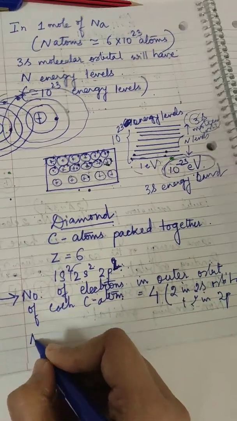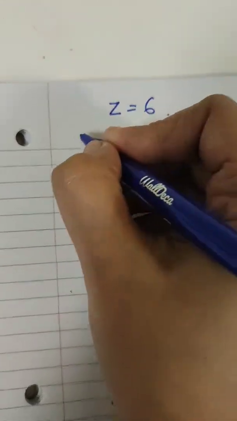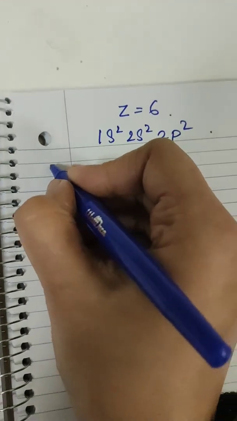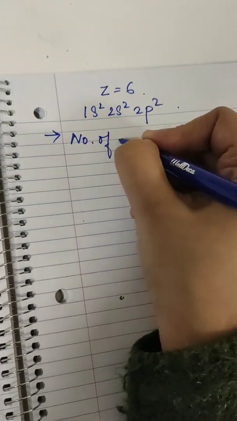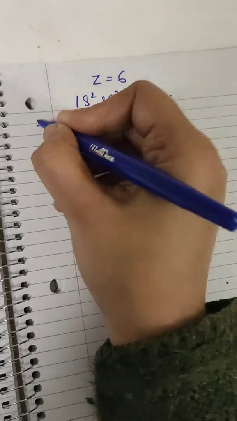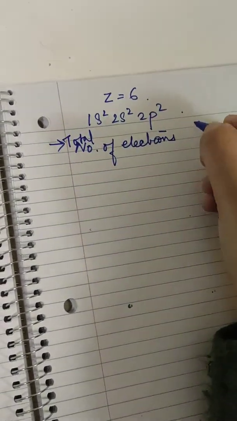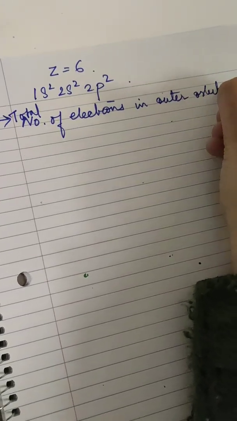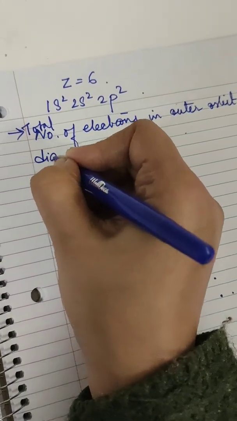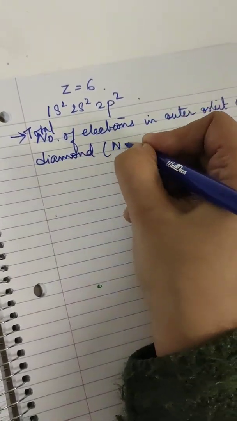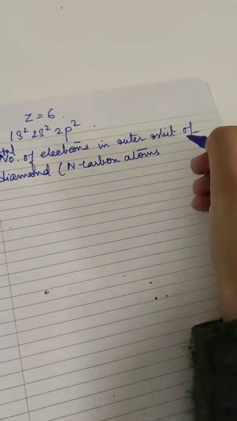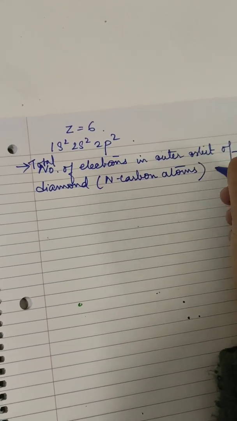So Z equal to 6 for atomic number, so 1s2, 2s2, 2p2. Now the total number of electrons in the outer orbit of diamond, that is n carbon atoms, what will it be?